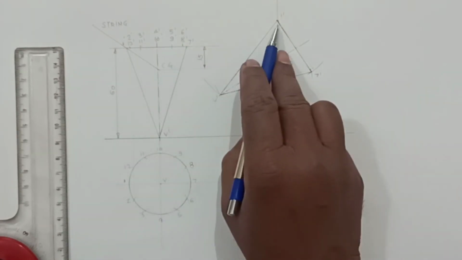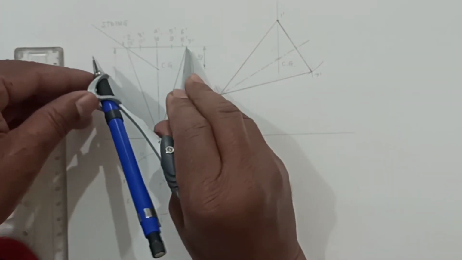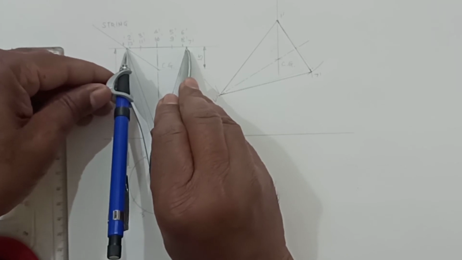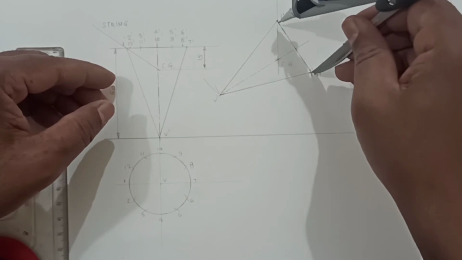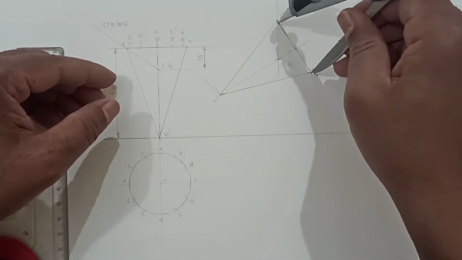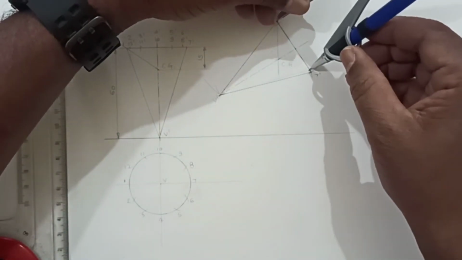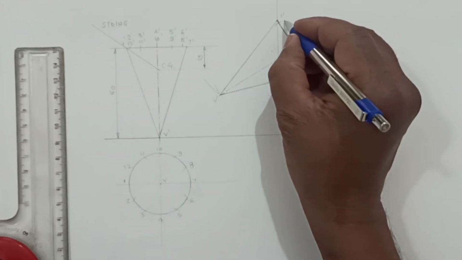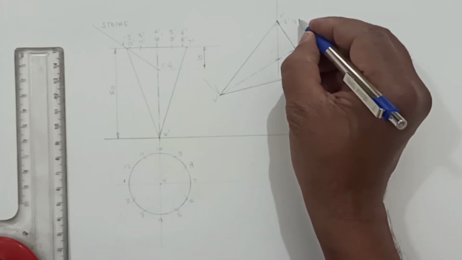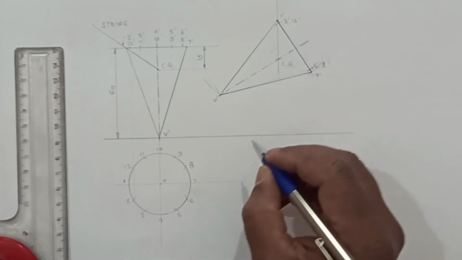Now shift all these points on this base. From 7, mark the point here. Now take this and mark the point here. So 2 dash and 12 dash are located. 6 dash and 8 dash are also located.